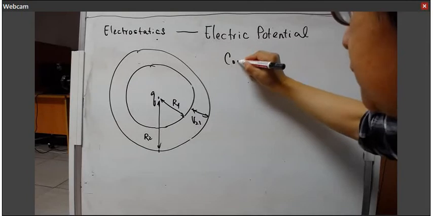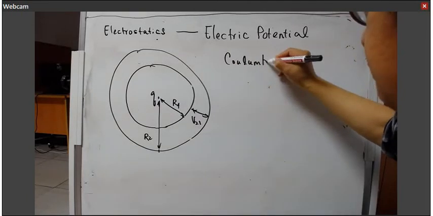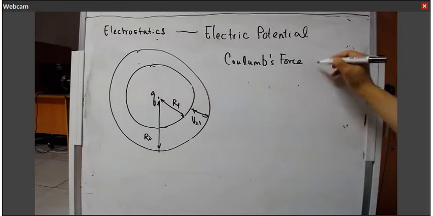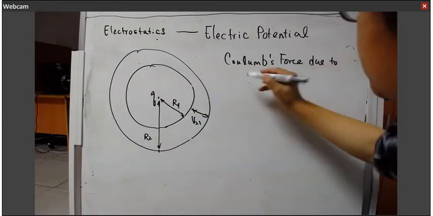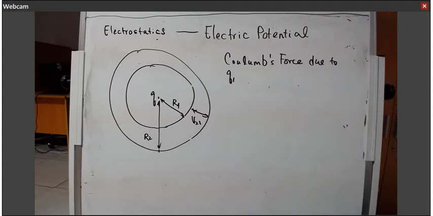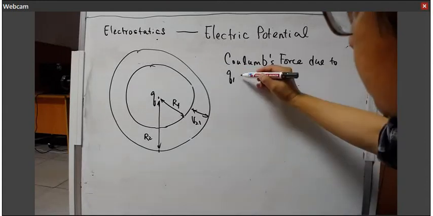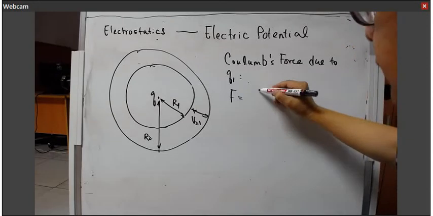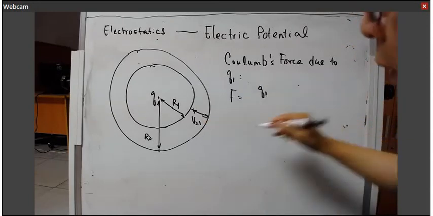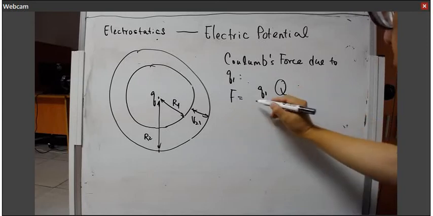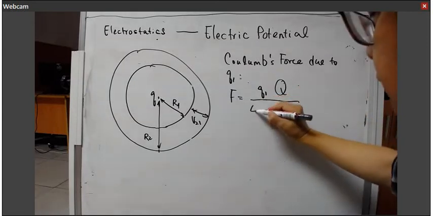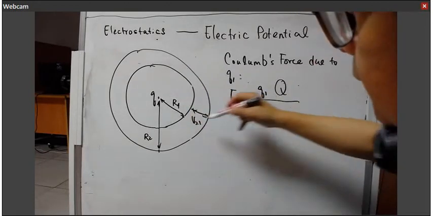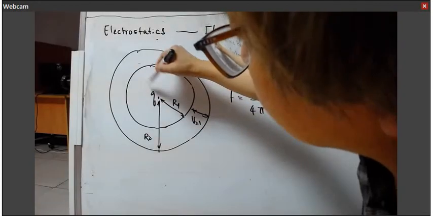So Coulomb's force due to Q1: F is equal to Q, and suppose you are having a big charge Q1, the charge of your tester is Q, over 4 pi epsilon, and then the distance. Suppose we are measuring the distance, L.